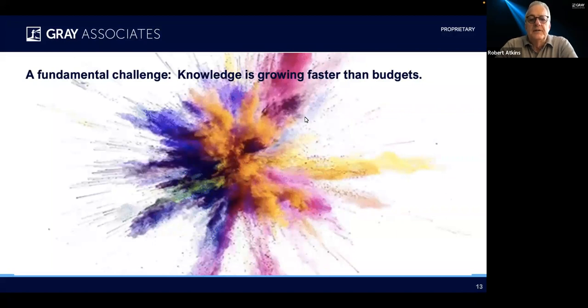We'll probably be down to doubling every few months within the next year or two. But data is not really knowledge, so that would be much too fast. But certainly it's 4%, and it's probably higher than that. And I think all of us would be dancing in the streets if our budgets were growing 4%. So that rate of knowledge growth is clearly faster than the money we have to fund codifying that knowledge and teaching it.